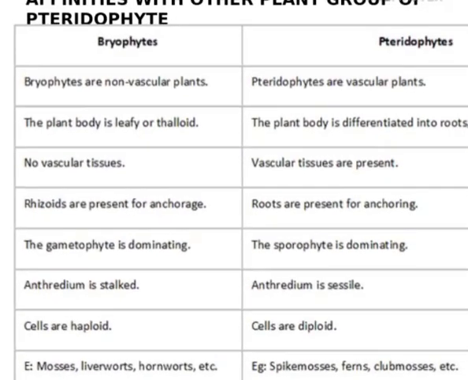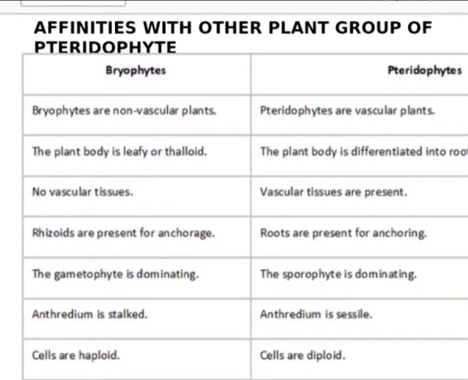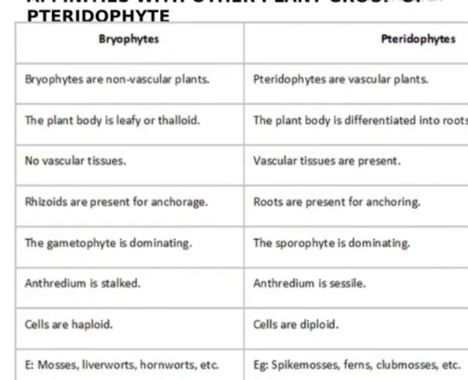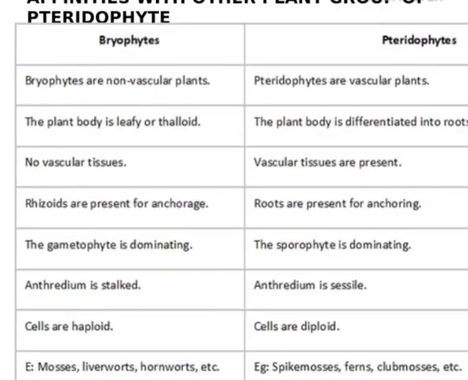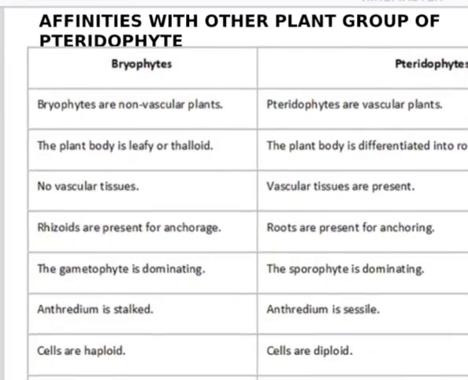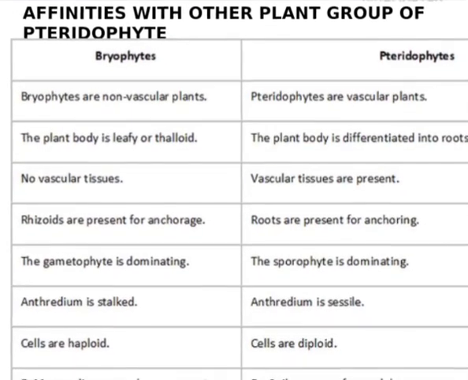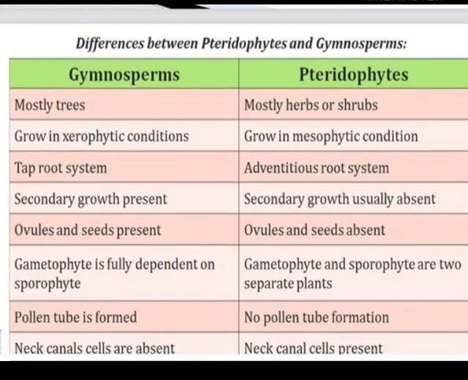Rhizoids are present for anchorage in bryophytes, and in pteridophytes roots are present. In bryophytes the gametophyte is dominant, and here the sporophyte is dominant. The antheridium is stalked in bryophytes and sessile in pteridophytes, and in bryophytes cells are haploid whereas in pteridophytes cells are diploid. Examples of bryophytes are mosses, and here examples are ferns, club mosses, etc.